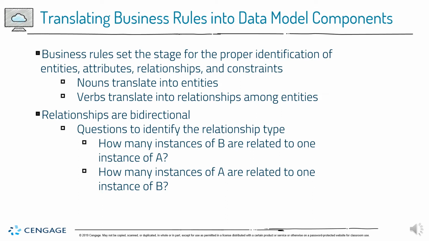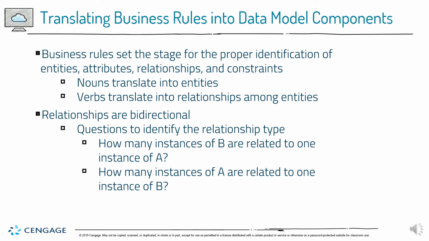In the real world, names are used to identify objects. As a general rule, a noun in the business rule will translate into an entity in the model, and a verb that associates the nouns will translate into a relationship among the entities. For example, the business rule, "a customer may generate many invoices," contains two nouns, customer and invoices, and a verb, generate, that associates the nouns.